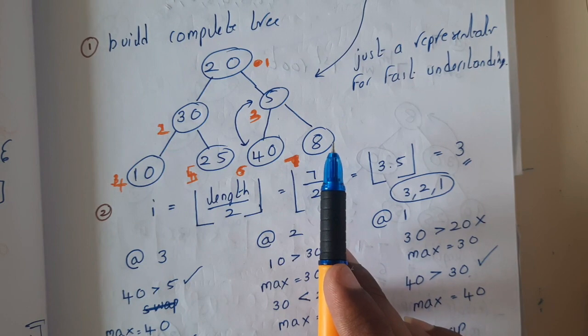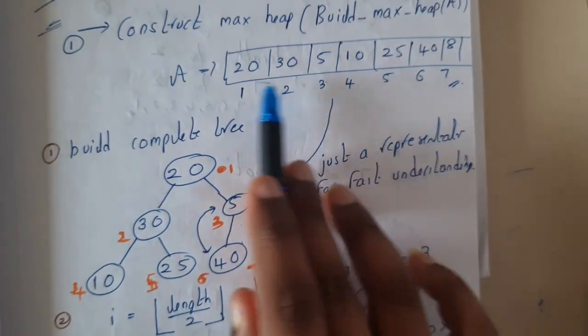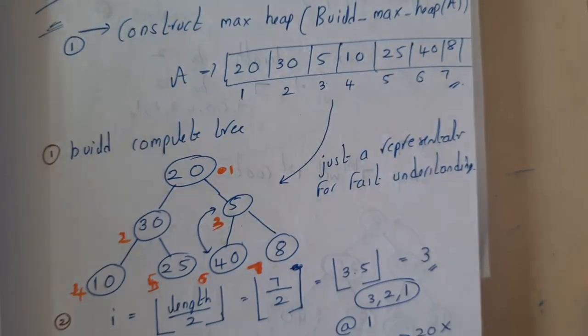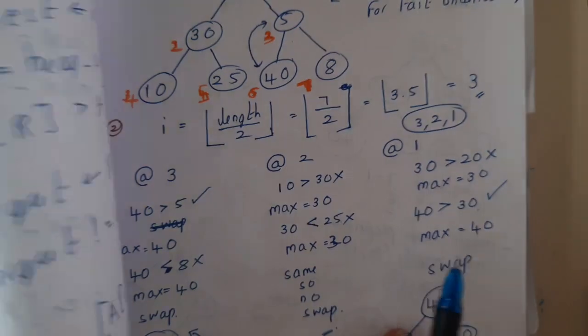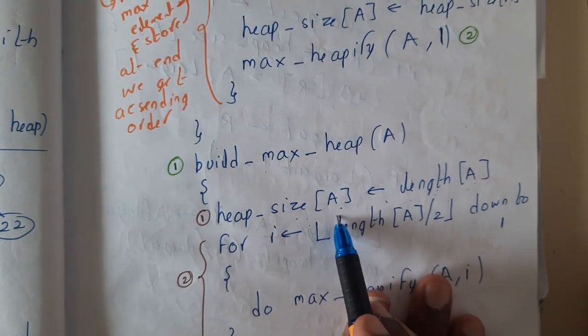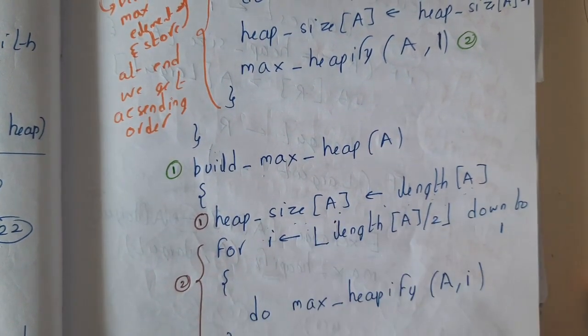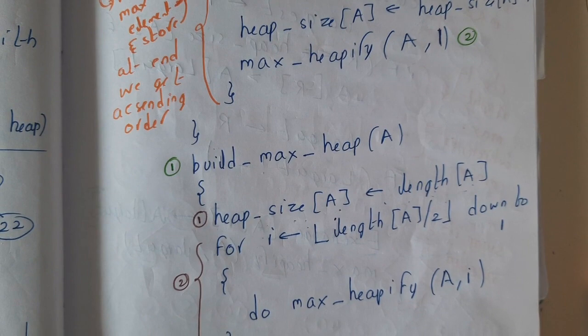The number of elements inside a heap is the number of elements in the array, right? That's simple logic. If the array has 7 elements, the heap will also have 7 elements. That is the reason I am initializing the heap size to 7. There is a major reason for doing that. You will understand now.